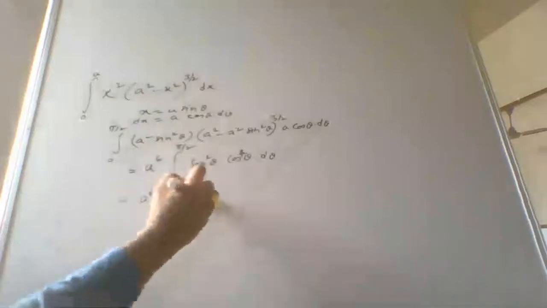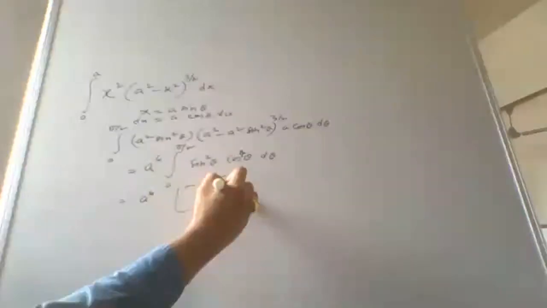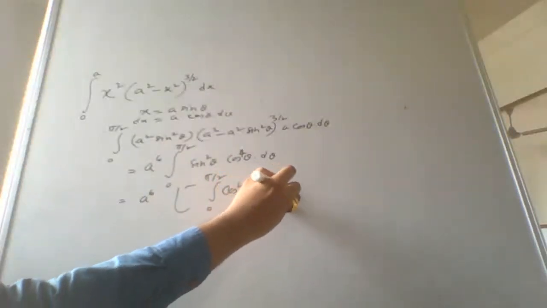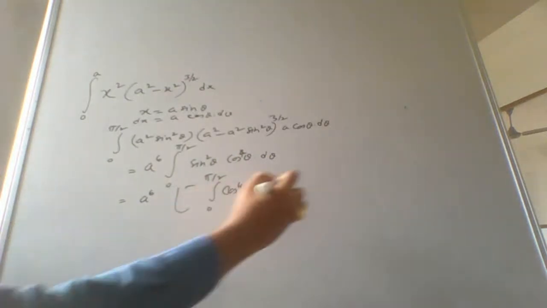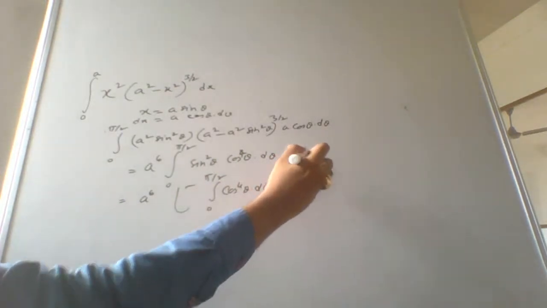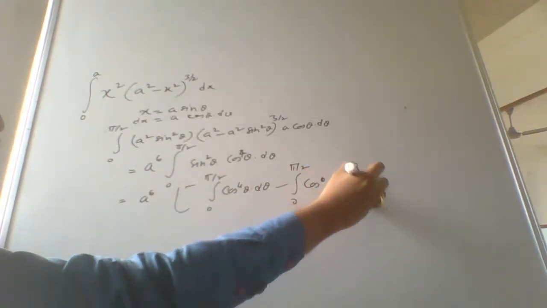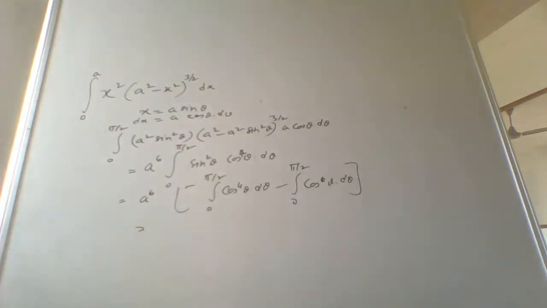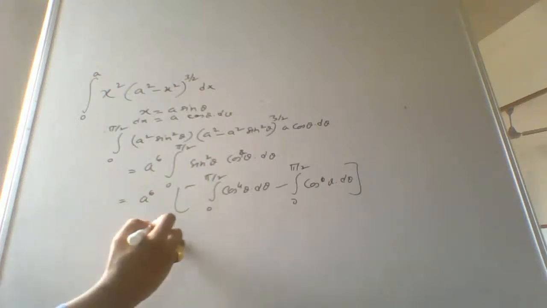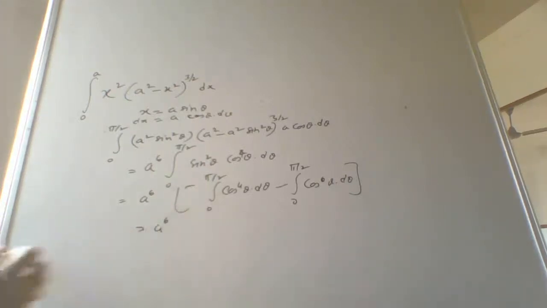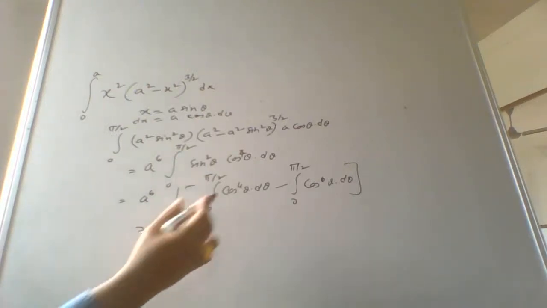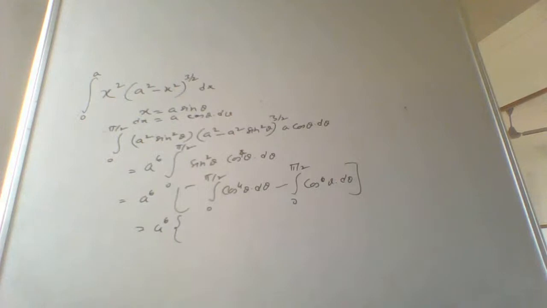Now if I multiply throughout, I get this as integral 0 to pi by 2 of cos power 4 theta d theta minus integral 0 to pi by 2 of cos power 6 theta d theta, multiplied by a power 6. Now this is even and this is also even.